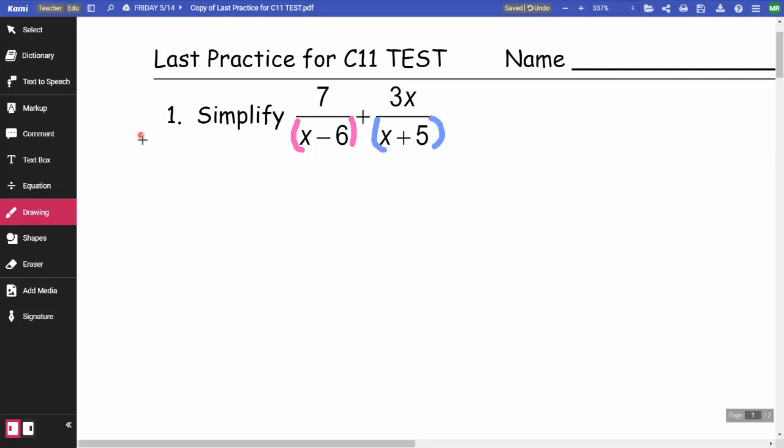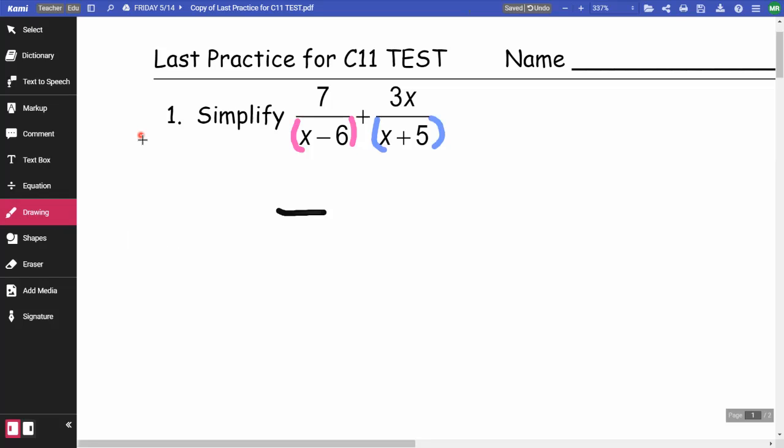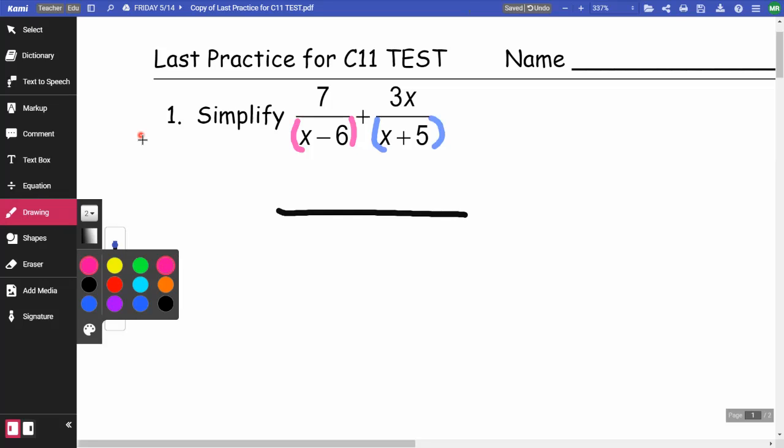So my common denominator is going to be, from the first fraction, x minus 6, because I need that. From the second fraction, I'm going to need x plus 5.